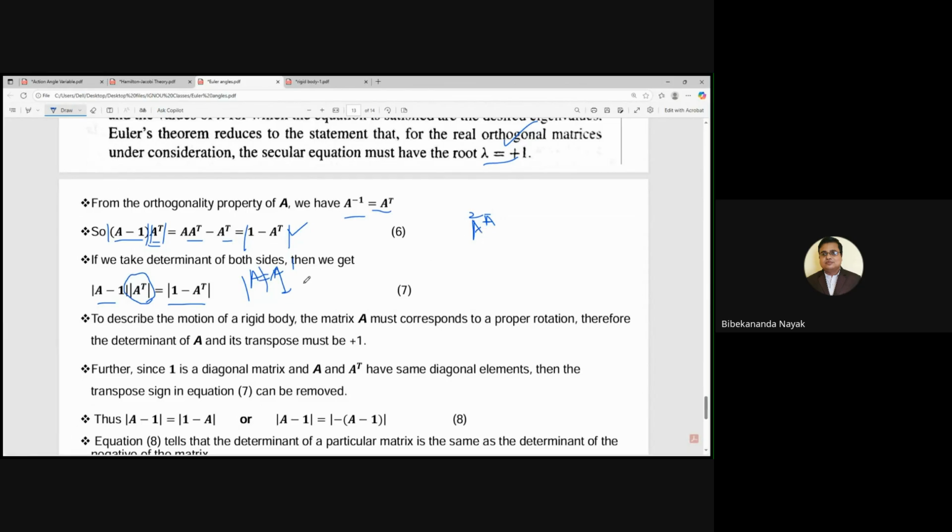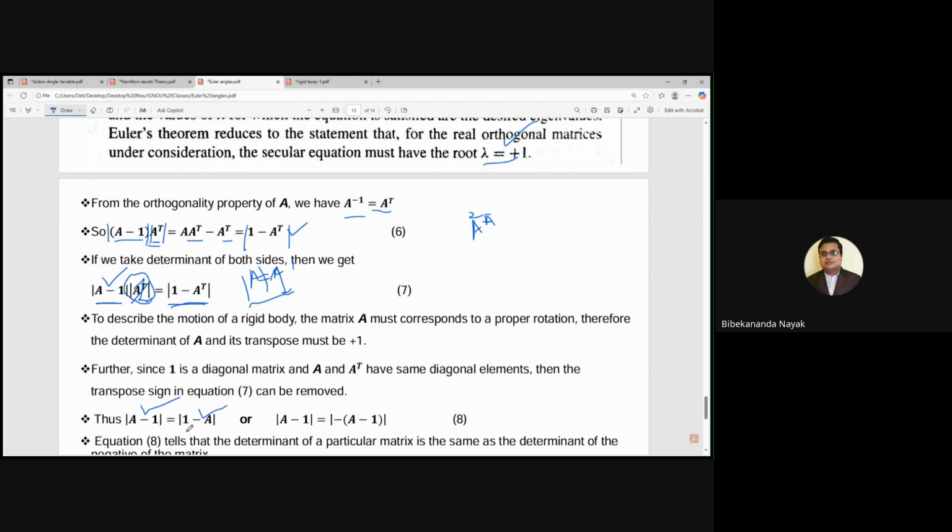If it is a proper rotation, the determinant of A is plus 1. So the determinant of A minus 1 is the determinant of 1 minus A transpose, and the determinant of A transpose is the same as that of A. So the determinant of A minus 1 is equal to the determinant of 1 minus A.